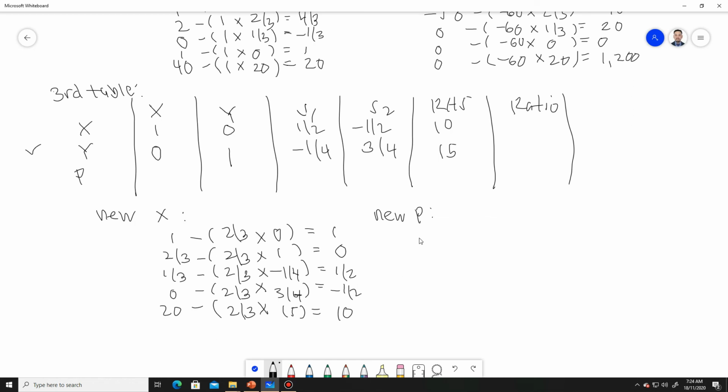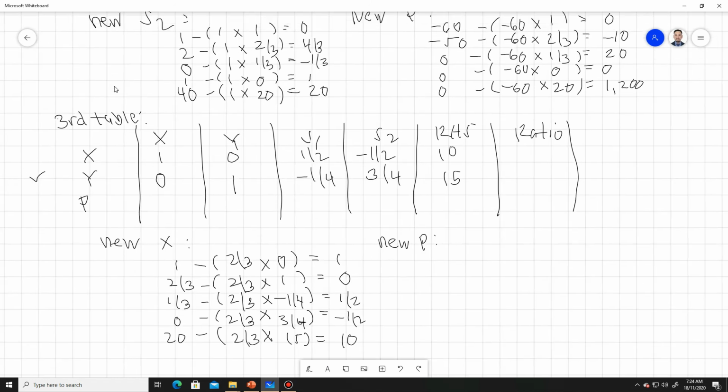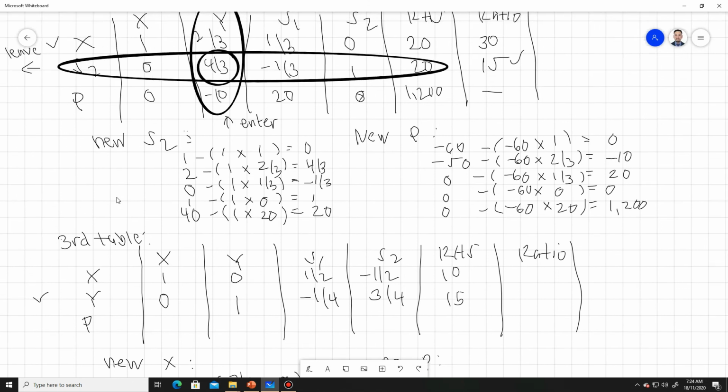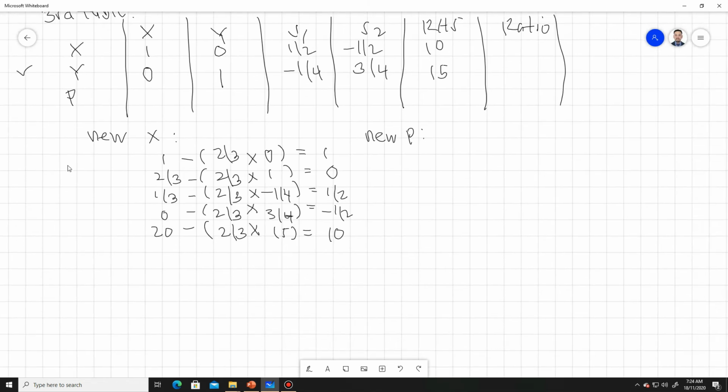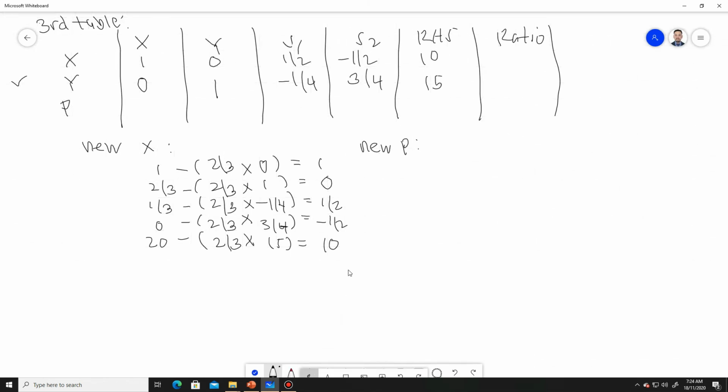Sa ating new P row, ganun din, no? So, yung ating elements in the old row, old P row, ito yon 0, negative 10, 20, 0, and 1,200. So, meron tayong 0, negative 10, 20, 0, and 1,200.